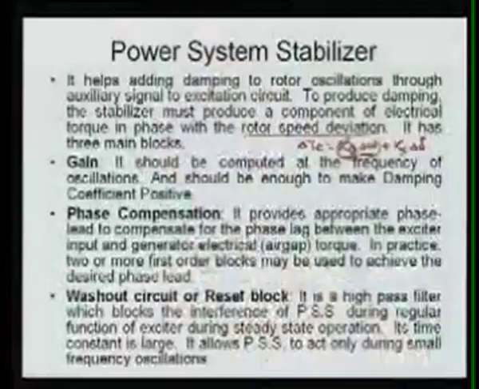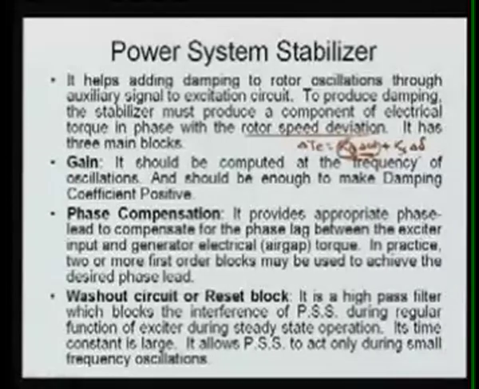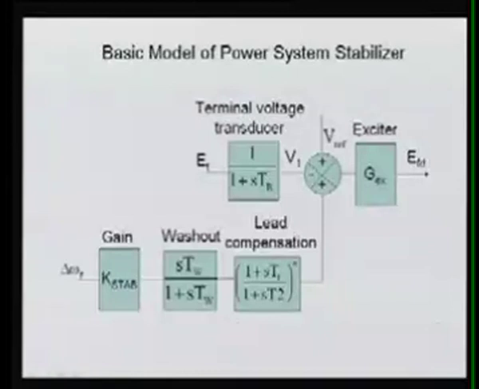The power system stabilizer has three main blocks. It has the gain, phase compensation, and the washout circuit, or sometimes it is called reset. So you can see the figure first. This is a basic model of the power system stabilizer. Here this is your terminal voltage ET, and we have terminal voltage transducers that measure the voltage, and we can write a first order transfer function 1 plus sTR, where TR is the time constant, and that signal comes to here.